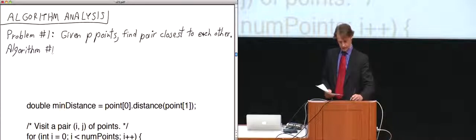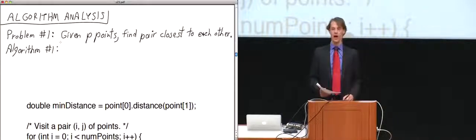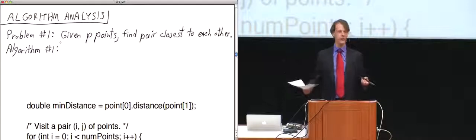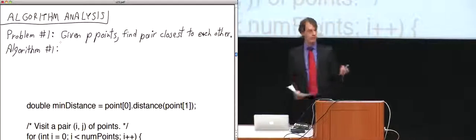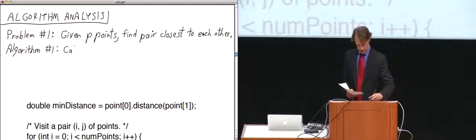And I'll give you an algorithm now for solving this problem. It's kind of the obvious algorithm. You look at every pair of points, you compute the distance between those 2 points, and you figure out which of those distances is smallest.